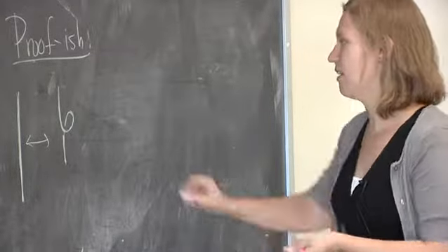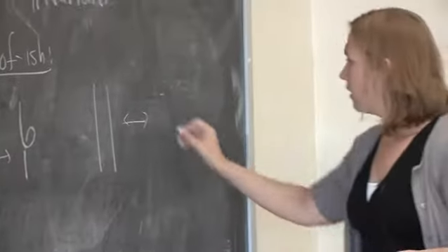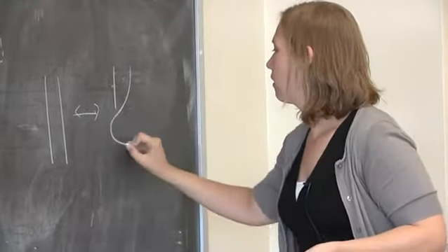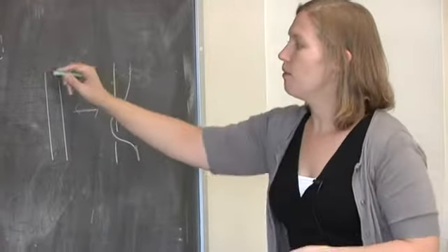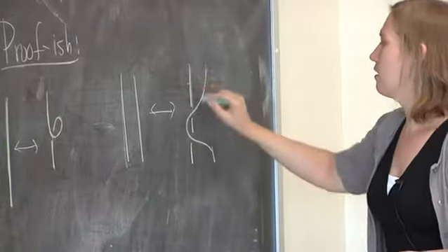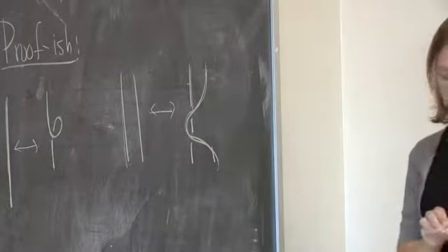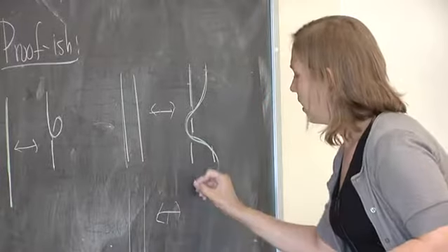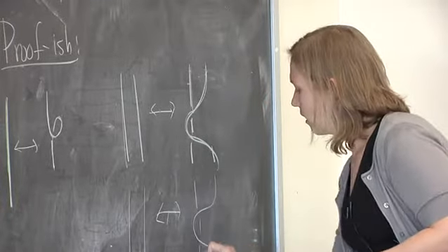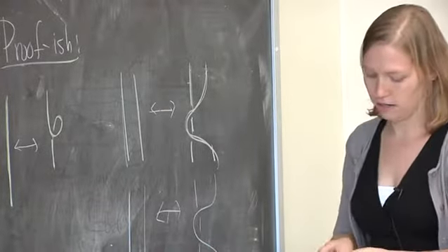So suppose instead I have this guy, and it goes to this guy. If both of these strands were green, then they're both still green, and nothing interesting happens with the coloring. But say we had a blue one and a red one.